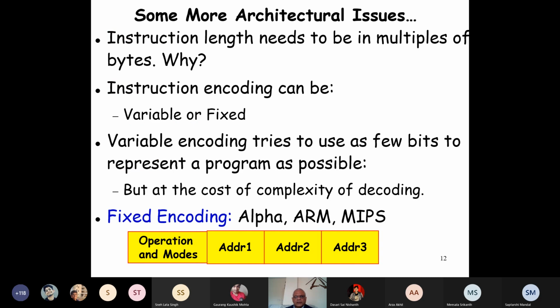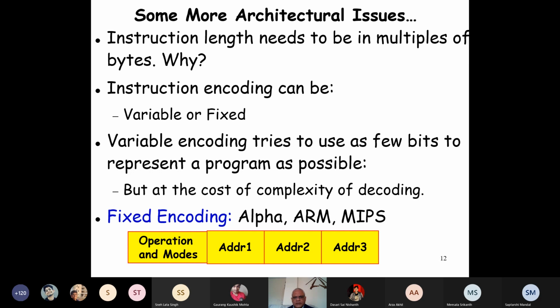Now let's look at some more architectural issues before we look into the instruction set architecture in more detail. One important thing to observe for all instruction set architectures is that the instruction length needs to be in multiples of bytes.